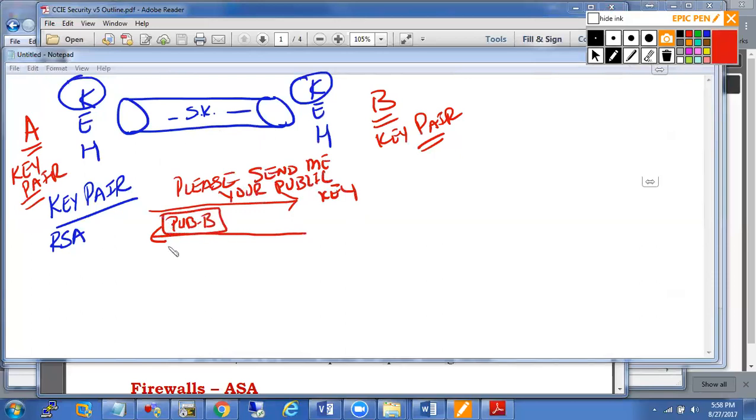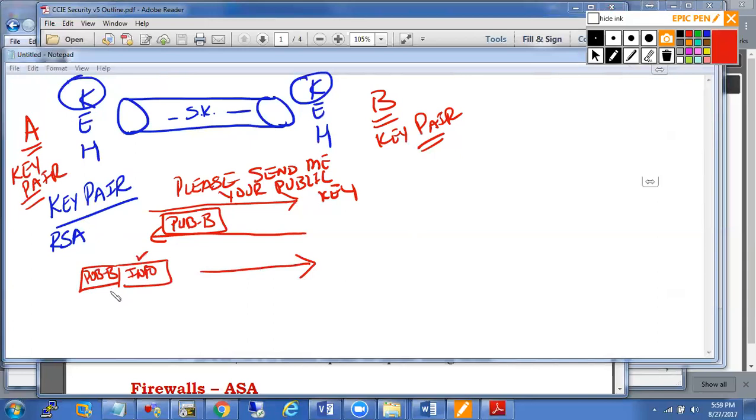Pub key B. A will take whatever information it needs to encrypt and send to B, encrypted using what key? The public key for B, and send it across. Who's the only one that can decrypt this information? The private key of B.